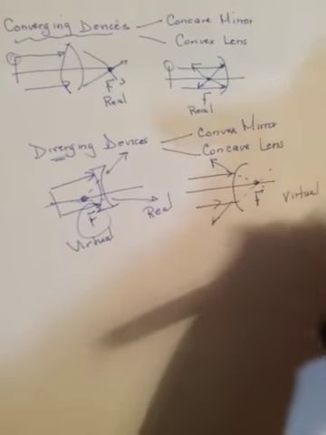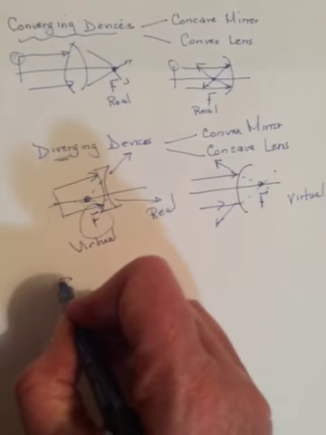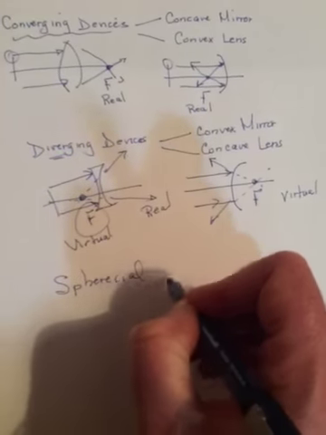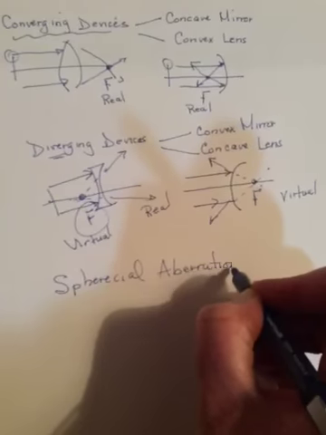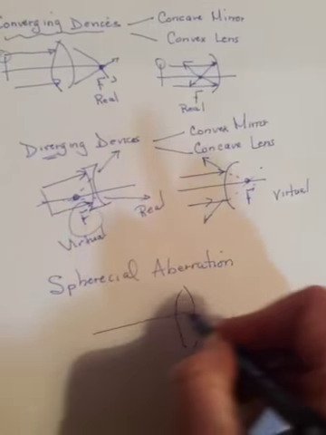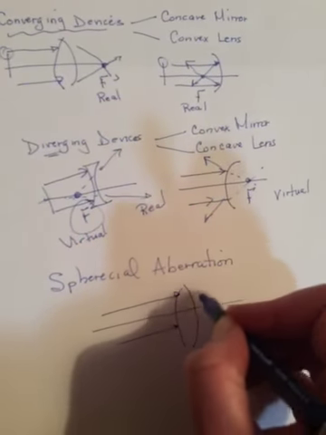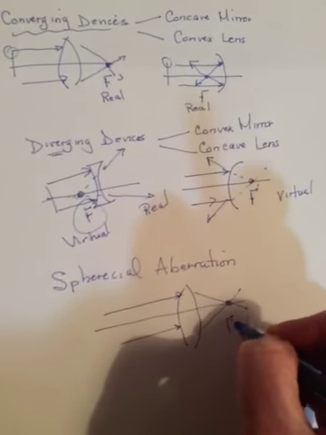There are a couple of issues with lenses. One we talked about with mirrors was called spherical aberration, and spherical aberration happens with lenses as well. So if you have a convex lens, rays going in parallel to the principal axis should get refracted through F on the opposite side of the lens.